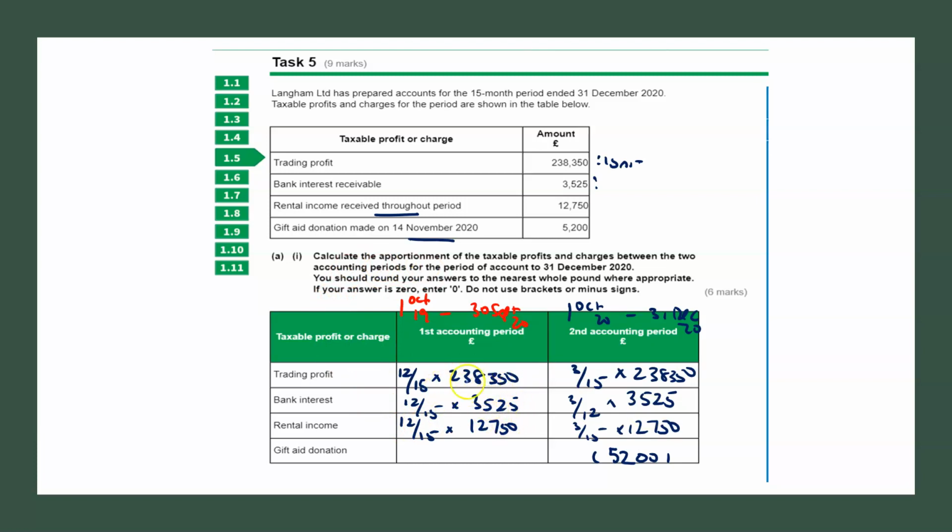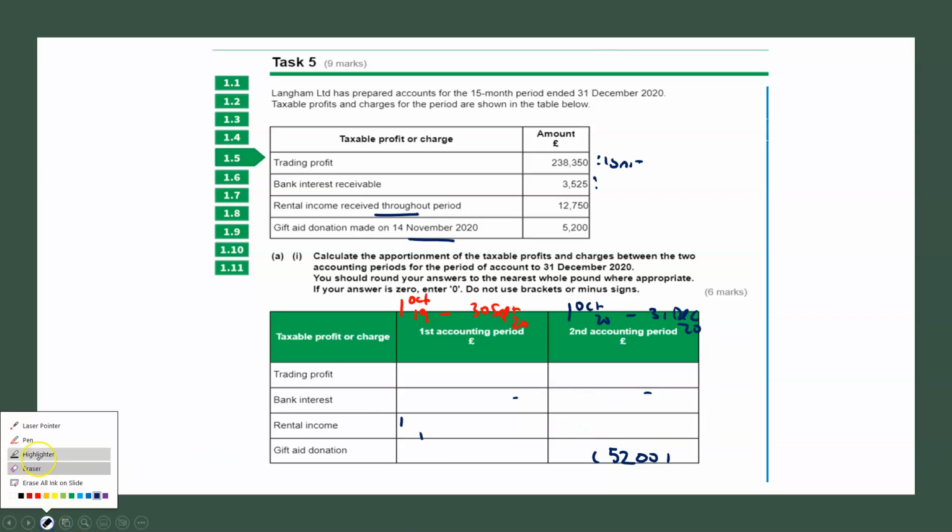So we have 12/15. I'm just going to erase this and write the actual figures because I calculated them. I'll just put the right figures in there now that you've seen me do the numbers, the actual answers.